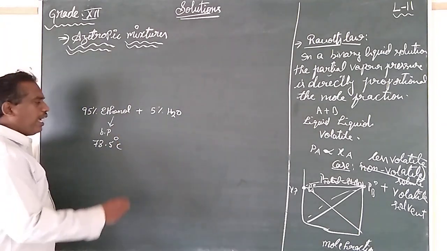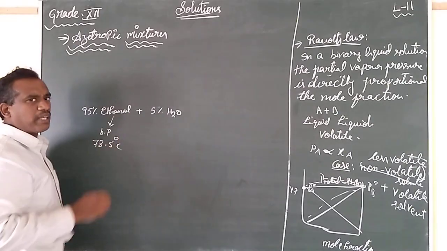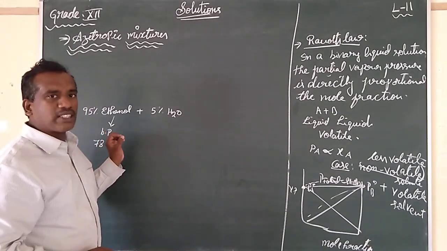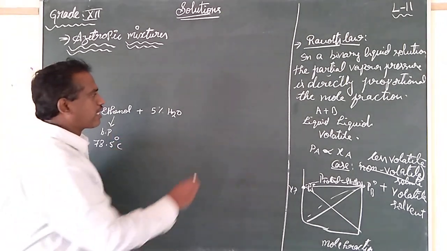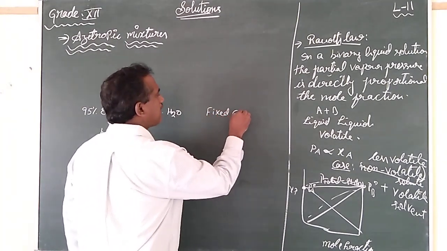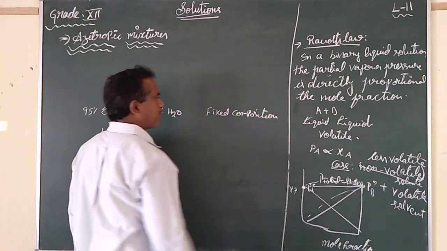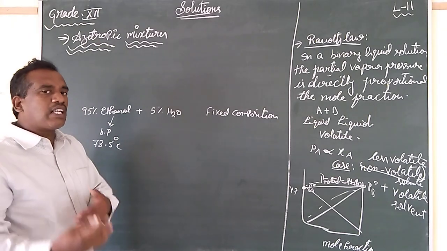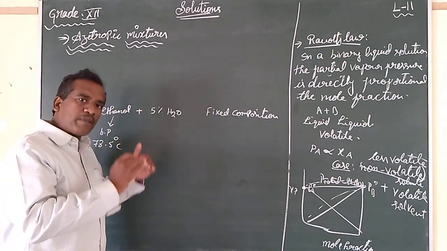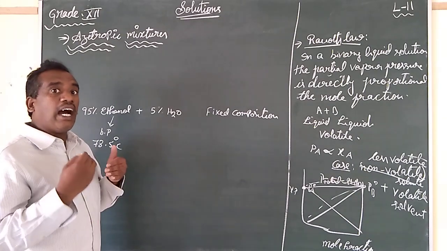And when these two are together, ethanol 95% and water 5%, they are present in a fixed composition, both in the liquid phase and in the vapor phase.